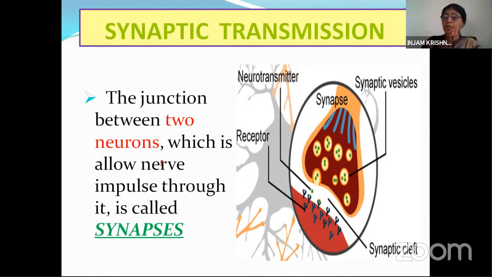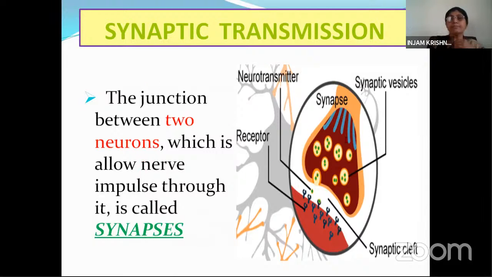But this action potential has to reach another neuron, isn't it? Because our body is covered by a network of the nervous system. So it's a network of neurons. So how does the action potential pass from one neuron to another?